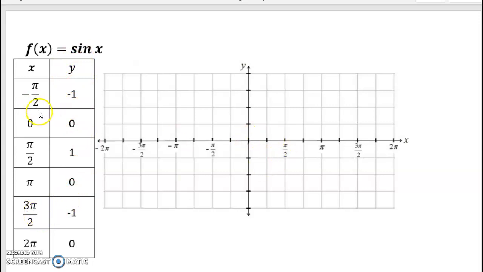So when I graph that, I'm going to start with 0, 0 for our sine wave. Then at pi over 2, we're going to put a dot at 1. Then back to 0, then down to negative 1, then back up to 0. And we can continue that pattern where we oscillate between the minimum, the midline, the maximum, and back to the midline. And there is our sine wave.